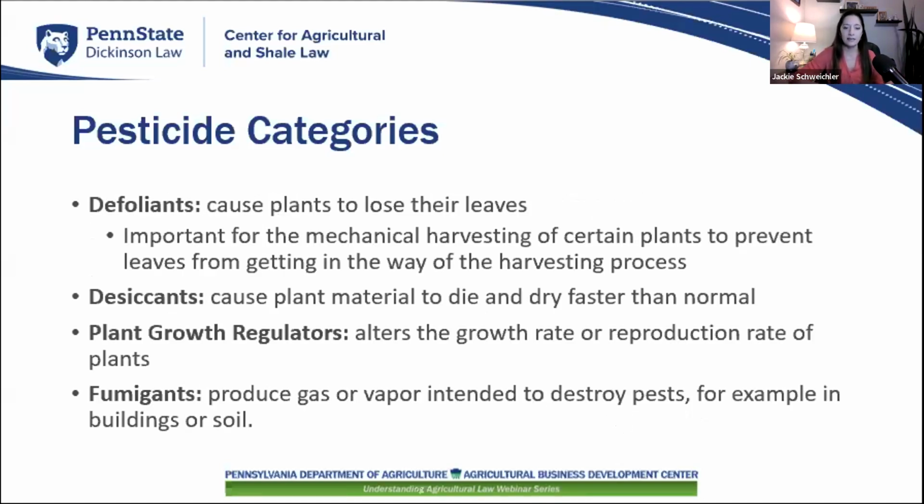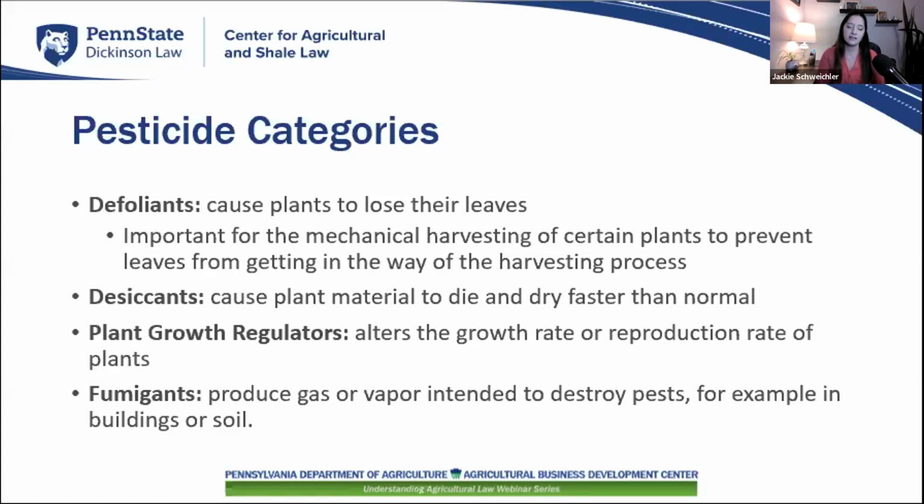In addition to these more recognizable products, I also just want to highlight a few more that I think are helpful in this context. You have defoliants, they cause plants to lose their leaves. You have desiccants, they cause plant material to die and dry faster than normal. You have plant growth regulators, they alter the growth rate or reproductive rate of plants. And then fumigants, which produce gas or vapor intended to destroy plants, destroy pests, like in buildings or in soil.